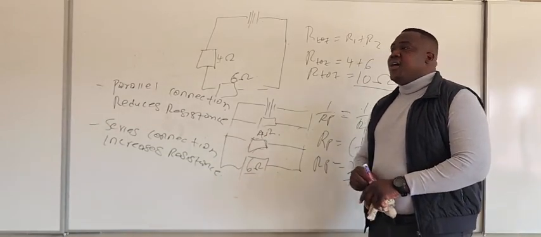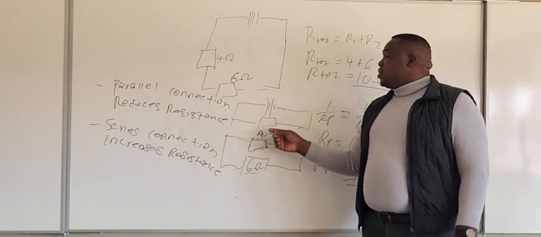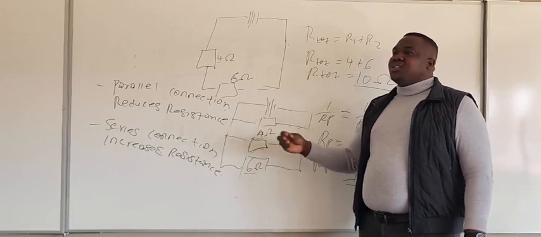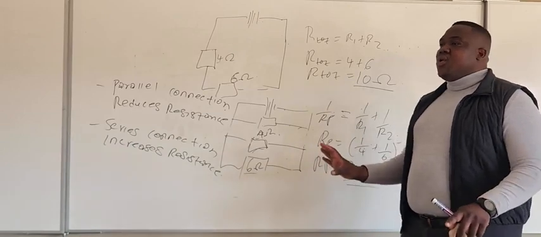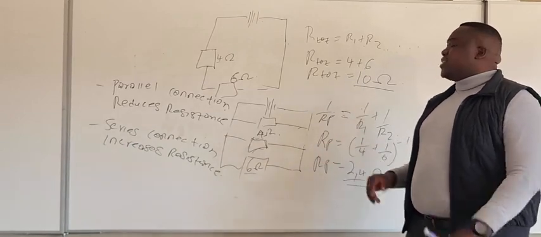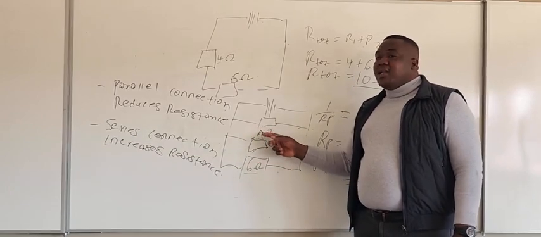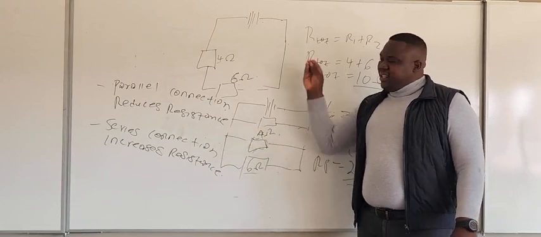I know my learners sometimes, when you are told that another resistor is added in parallel, you think that because a resistor is added, resistance is going to increase. You need to know how the resistor is added. If the resistor is added in parallel, it means it's going to cause resistance to decrease.